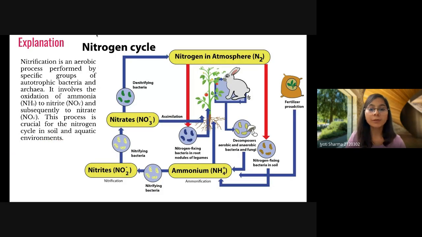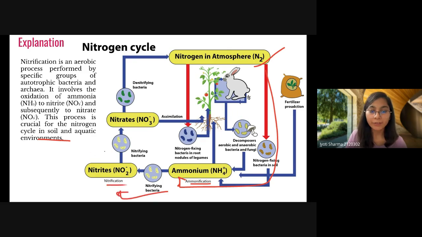Let me show you this cycle here. So again, we have N2. This N2 will be changed into a different form, and one form is ammonia. So just see here, and this is known as ammonification. Then from this ammonia we will change it by nitrification.